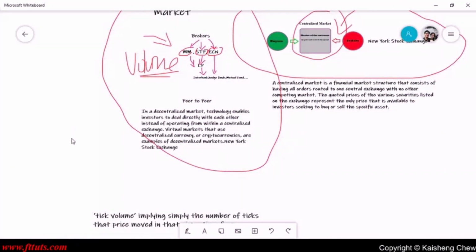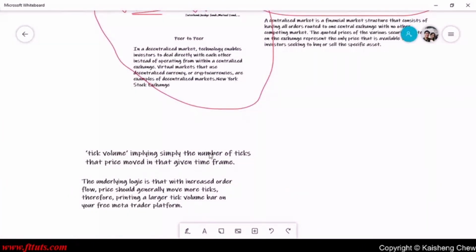So what is a tick volume? Tick volume simply implies the ticks. When you see a volatile market, the price moves up, moves down, up and down, right? Every movement up and down accumulates ticks in a certain time frame.